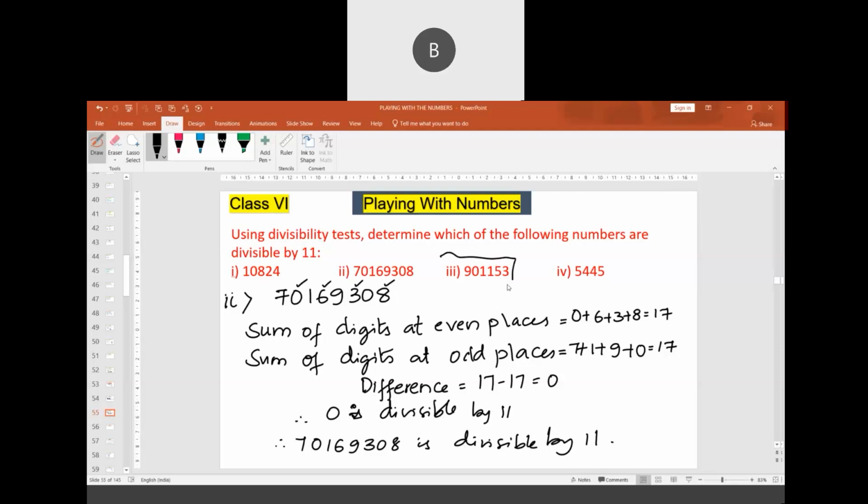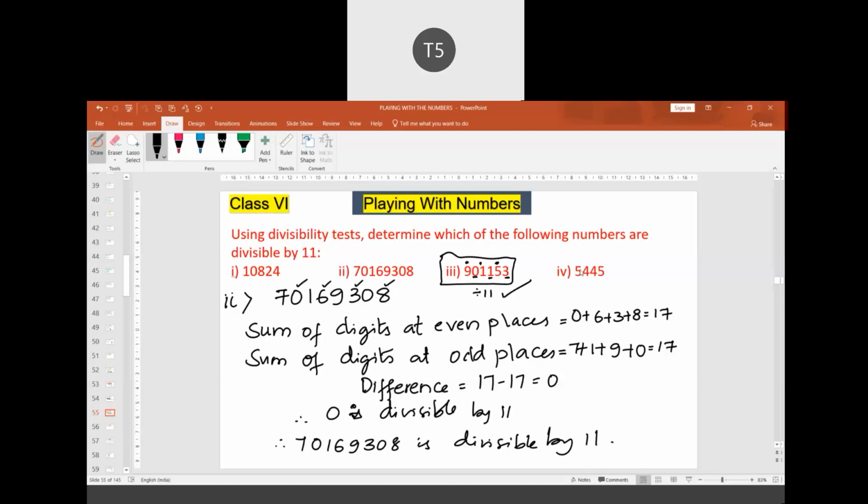If you take the third one, is this number divisible by 11? Let's add these odd places. 9 plus 1 is 10. 10 plus 5 is 15. Let's add the even places. 0 plus 1 plus 3. It is 4. 15 minus 4 is 11. It is exactly divisible by 11.